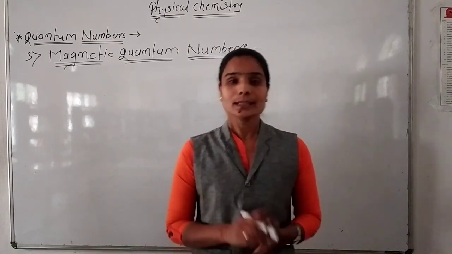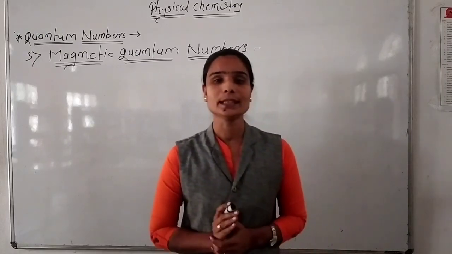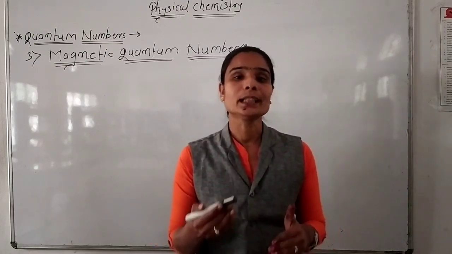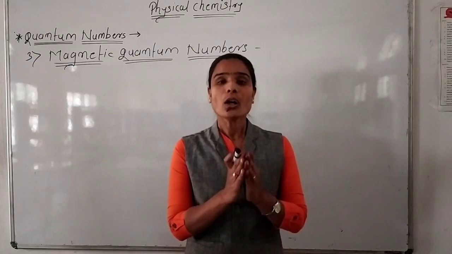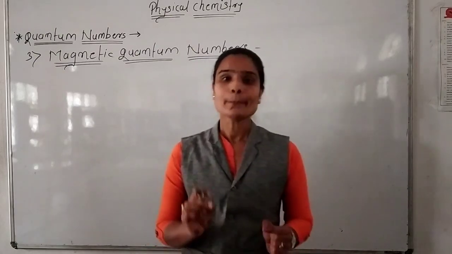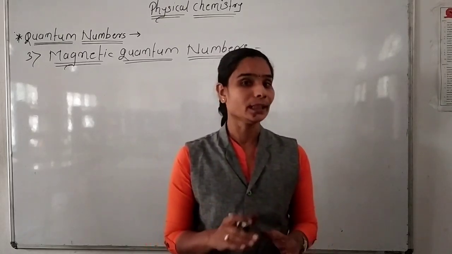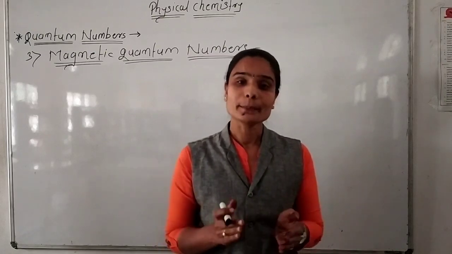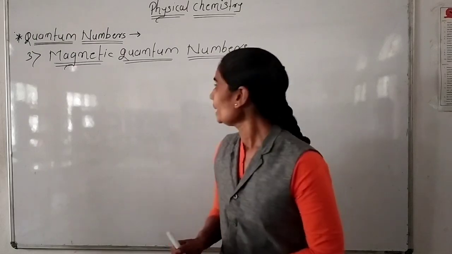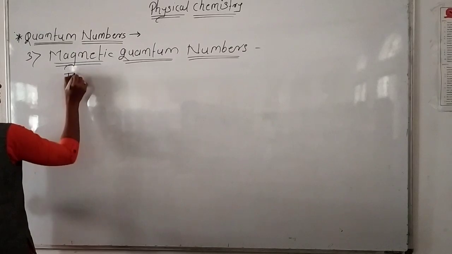For example, suppose the electron is present in p orbital, but in which suborbital of the p orbital? All this information is given by the magnetic quantum number. Or simply, the magnetic quantum number gives information about the main orbitals s, p, d, f, and how many suborbitals each orbital has.